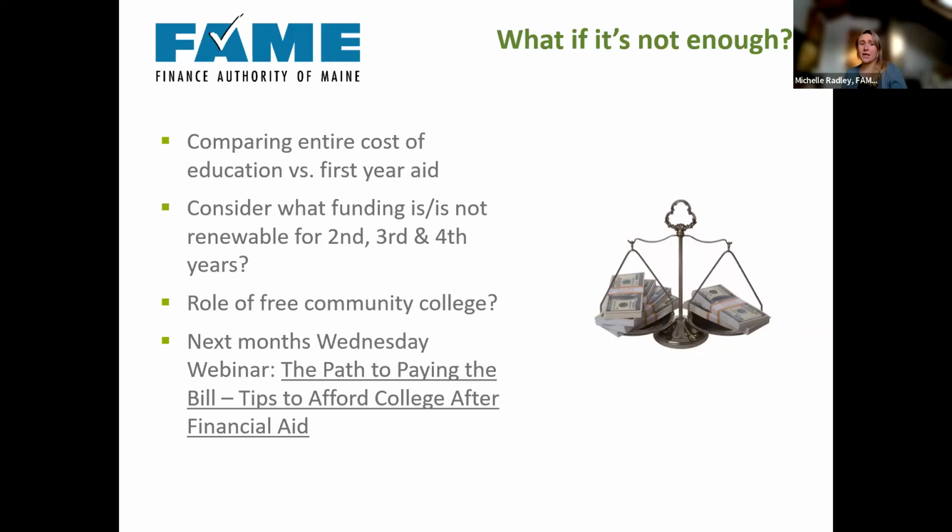Are you going to be using a bunch of savings in your first year? Is that going to leave you needing a lot of loans in your subsequent years? Do you have a large amount of scholarships that are non-renewable? Is there an opportunity to renew these scholarships? These are just questions you'd want to ask, and things to consider when you're comparing the entire cost of education rather than just the first year that the student is attending.